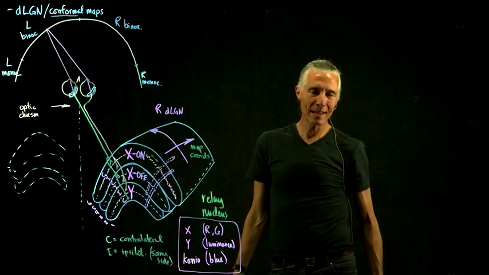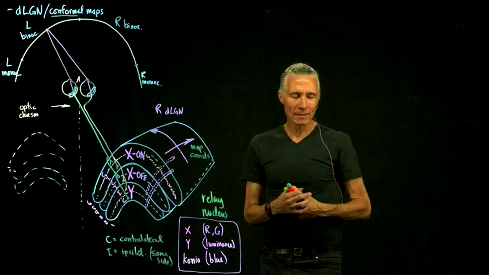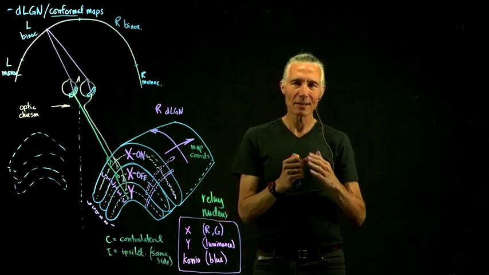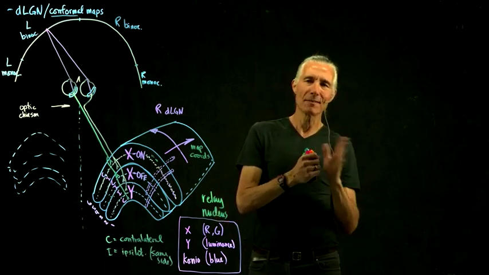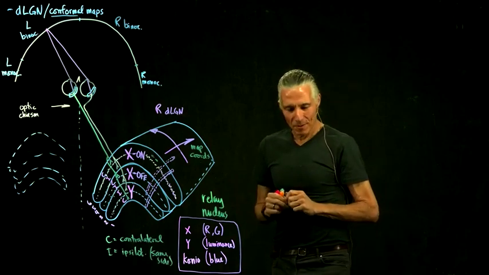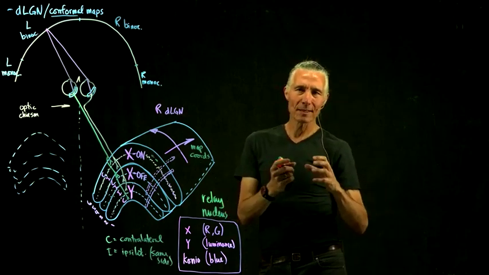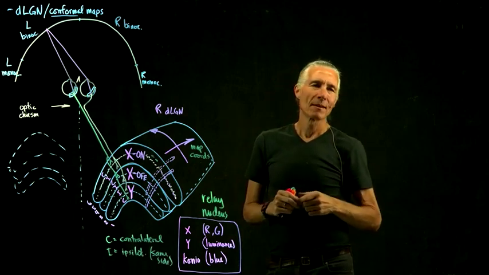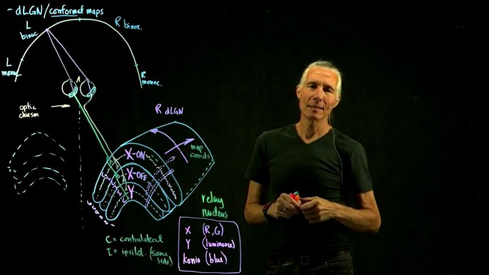If you were taking a course in electricity and magnetism, you probably know you have electric fields and magnetic fields, and they're at right angles to each other. You would do things with conformal maps, because conformal maps describe the way electric and magnetic fields are arrayed in space.